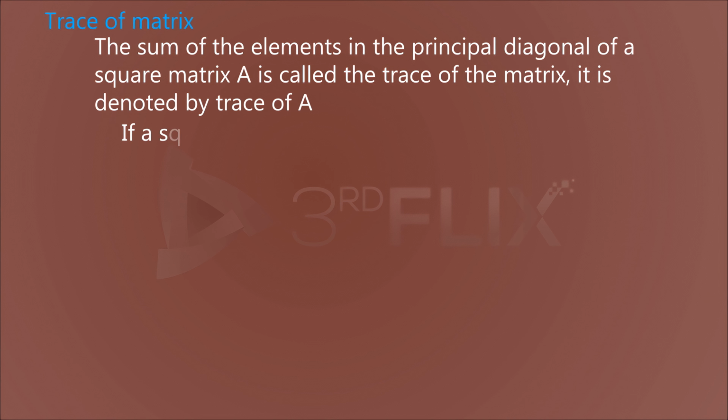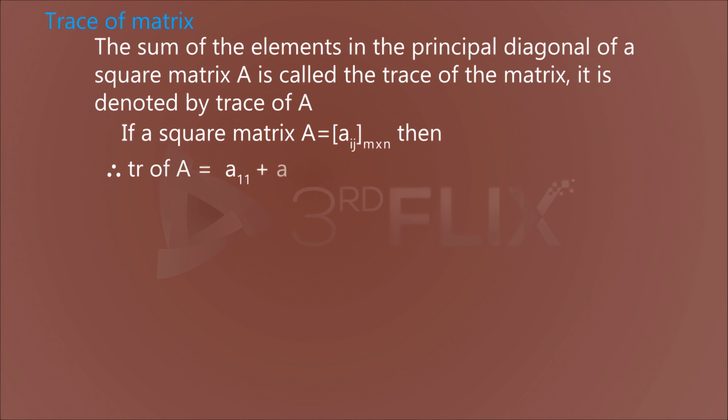If a square matrix A equals matrix aij of order n by n, therefore trace of A equals a11 plus a22 plus a33 and so on plus ann, that is, trace of A is equal to summation i equals 1 to n of aii.